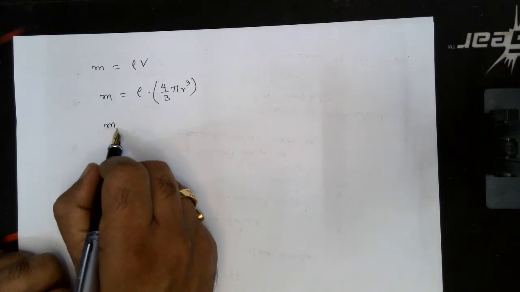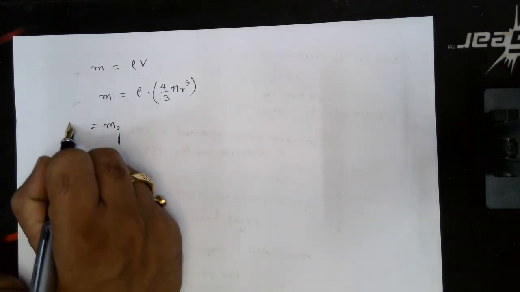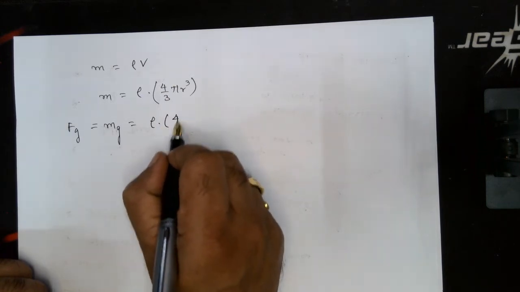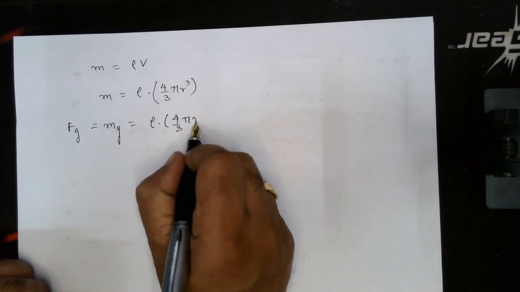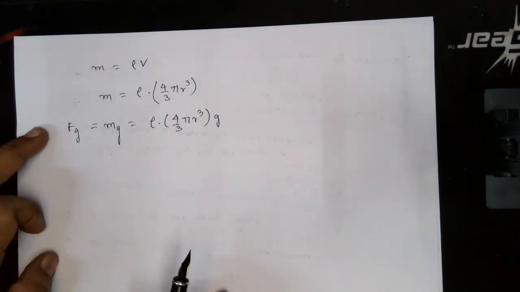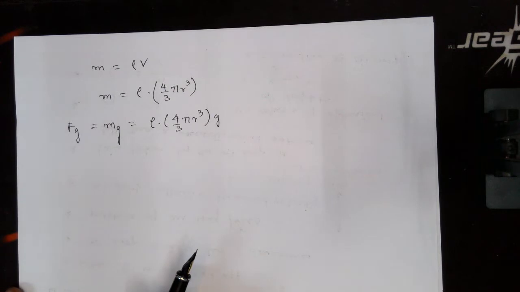Now mg, which is nothing but Fg, is rho into 4 by 3 pi r cube into g. Is it clear now? So what is this Fg? That is the force due to gravitation, the gravitational force experienced by the descending oil droplet.